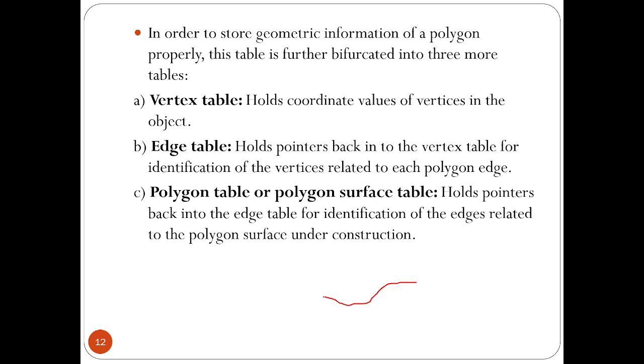Polygon table holds pointers back into the edge table for identification of the edges related to the polygon surface under construction. These are the three tables: vertex table, edge table, and polygon surface table.